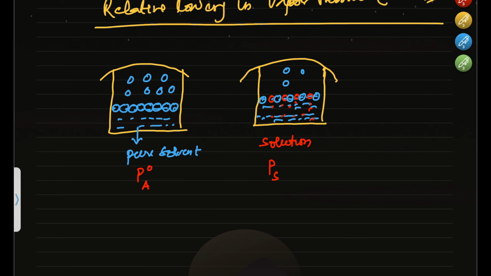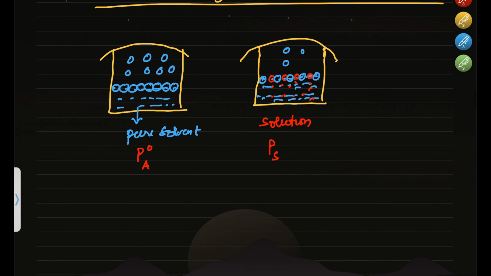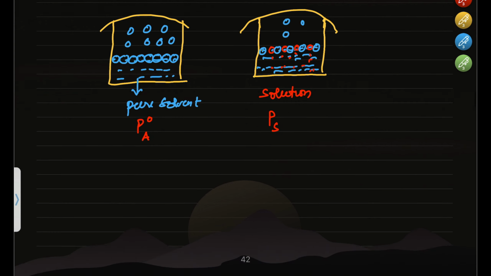So it is clear from both these diagrams that the vapor pressure of the solution is lower than the vapor pressure of the pure solvent, and the vapor pressure of the solution is only due to the vapor pressure of the solvent.